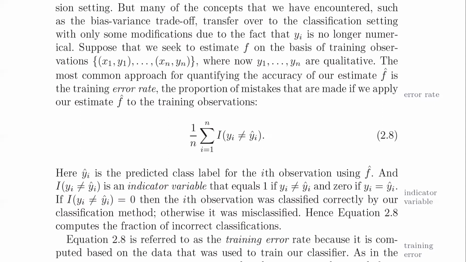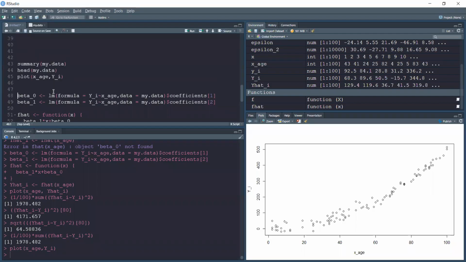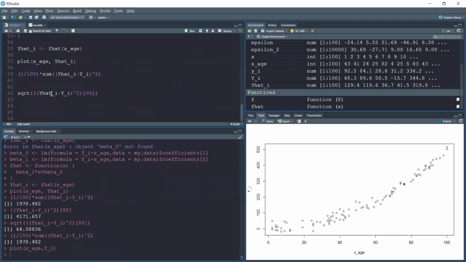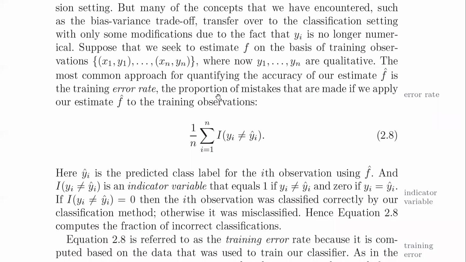which we're indexing from 1 to n, where now y1 until yn are qualitative, meaning forget about subtracting in such a situation. Well, what we've done for quantitative data, where we're looking at differences as just subtraction, and then we square, etc., to get the mean square error, we can no longer do that.